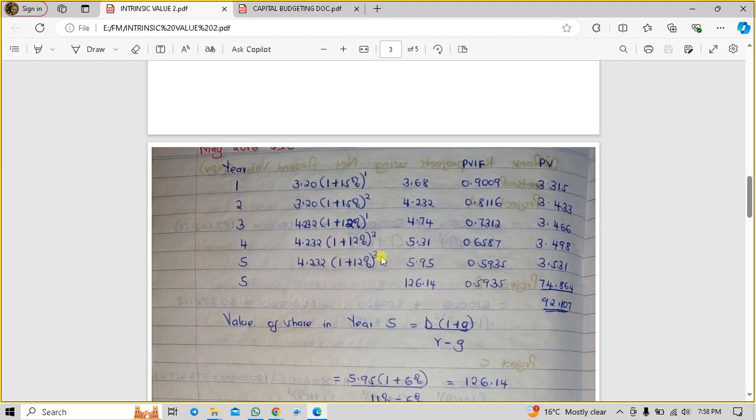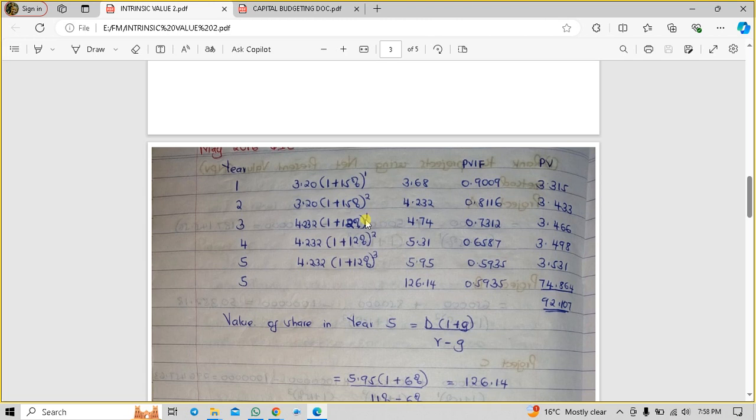So note the difference. The first year and the second year, we are using power 1, power 2. Third year, because we are using a new dividend per share, we are not using 3.20. There is a new dividend per share, that is why we are using 4.232. And because you have been told that the interest rate will be 12% for the 3 years, we are using 4.232 for year 3, year 4 and year 5.